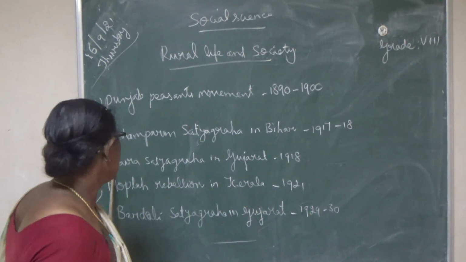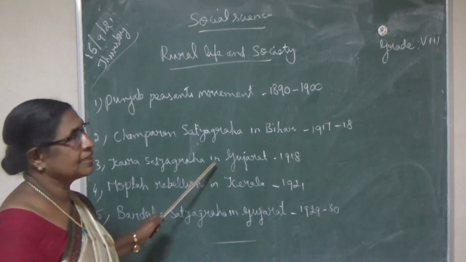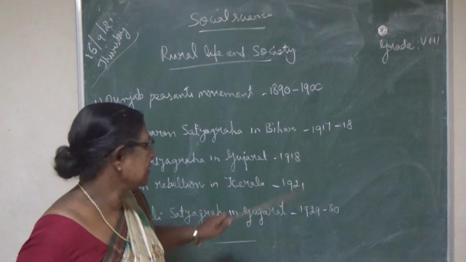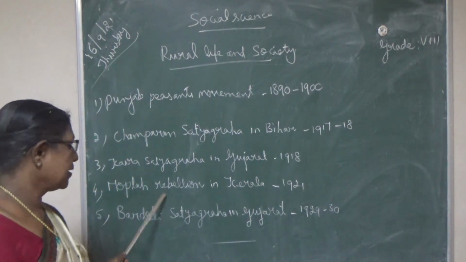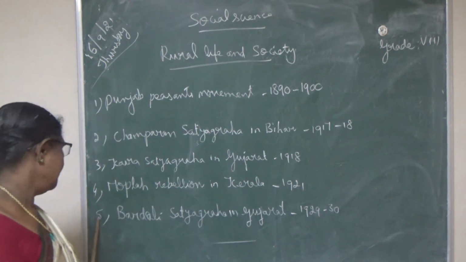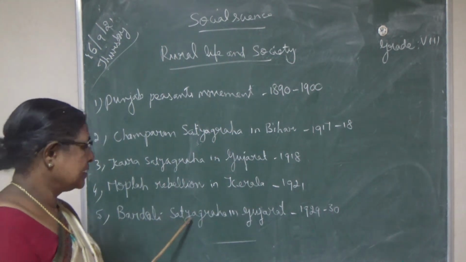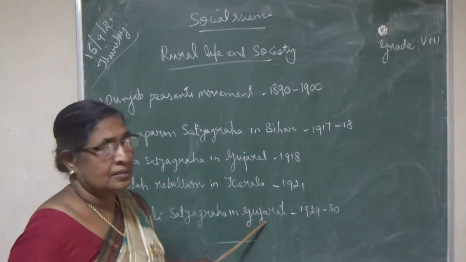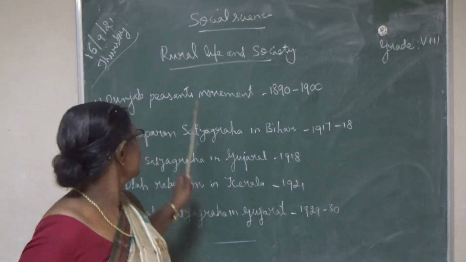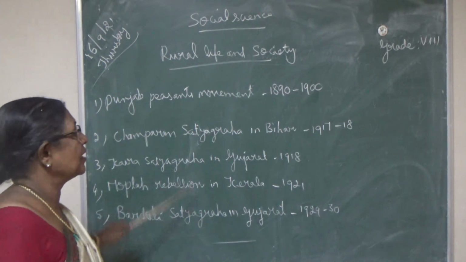Third is the Kheda Satyagraha in Gujarat, which took place in the year 1918. Then the Moplah Rebellion in Kerala, 1921. Then the fifth one, Bardoli Satyagraha in Gujarat, in the years 1929 to 30.